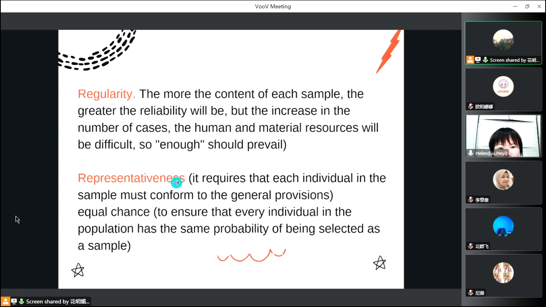Representativeness requires that each individual in the sample must conform to the general provisions, equal chance, to ensure that every individual in the population has the same probability of being selected as a sample.